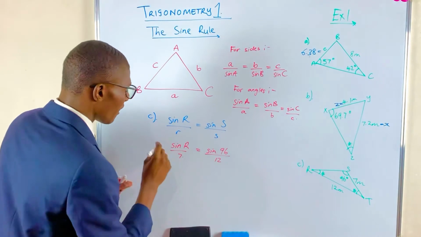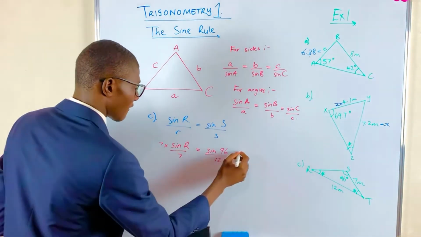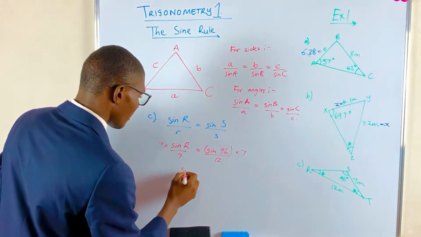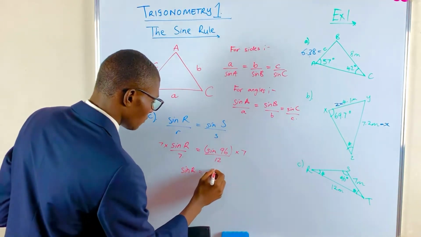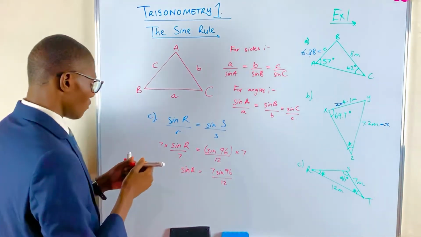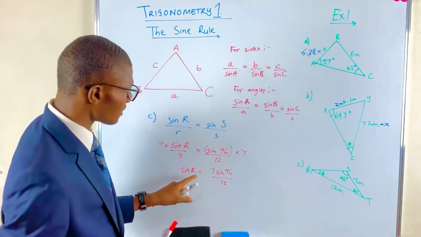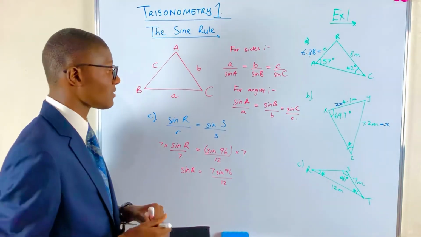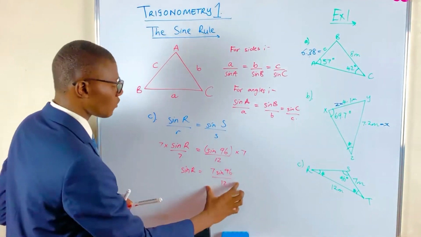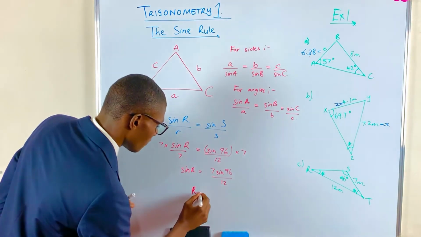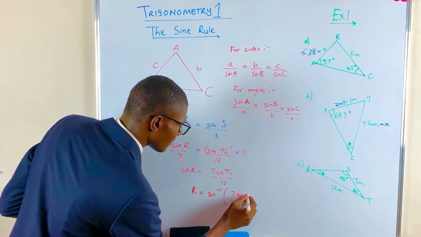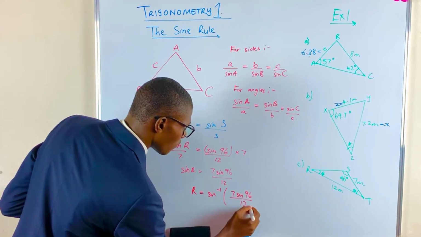Now to find R, we multiply both sides by 7, such that sine R is equal to 7 sine 96 all over 12. Then to find the angle R, we divide both sides by sine, and 1 over sine is the same as sine inverse of all of that. So R would be arcsine of 7 sine 96 over 12.